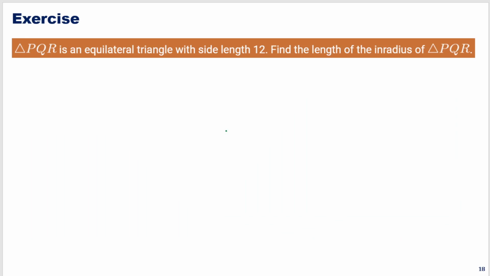Triangle PQR is an equilateral triangle. Its side length is 12. Can you find the length of the inradius of triangle PQR?